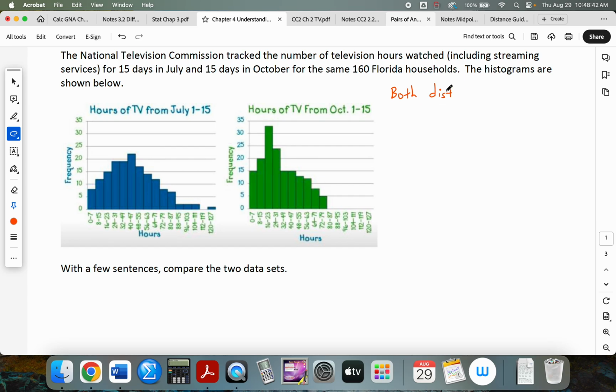Don't say both graphs. Say both distributions of hours of TV watched are unimodal.